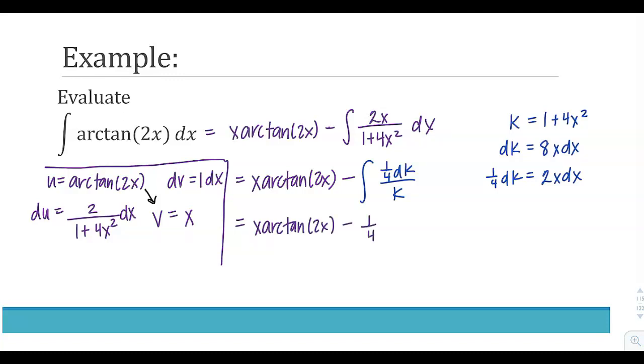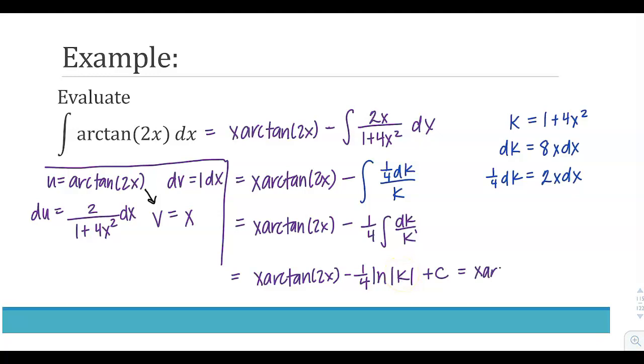and here I'm going to bring out the 1/4, the constant, and I have dk over k. So this is going to give us the natural log function, right? It's k to the first power. So we have x arctangent 2x minus 1/4 the natural log of the absolute value of k plus c, but then it's our job to plug k back in so that we have everything in terms of x.